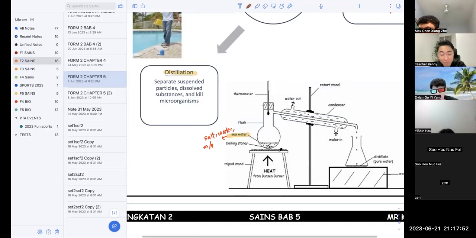So when you heat up seawater, who will evaporate? Who will come out? Water vapor will come out, right? So now I want to collect this pure water vapor. How to collect? Because they're in a gas form and they're going to pass through, and they will come out as steam. So how do I collect them? Because it's hot. You learned in science before.